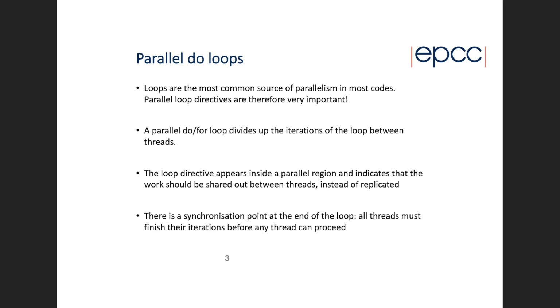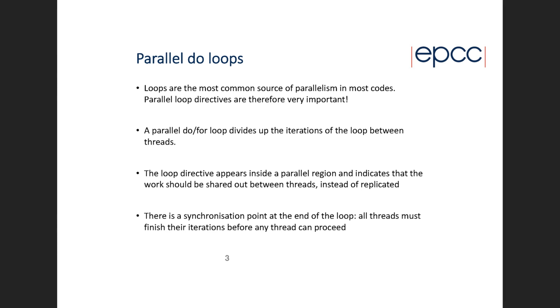It divides up the iterations of the loop between the threads. This directive appears inside a parallel region and indicates that the work should be shared out between threads instead of replicated. If we just have a plain old loop inside a parallel region, then all the threads will execute all the iterations of the loop. So instead, we want them to be shared out.